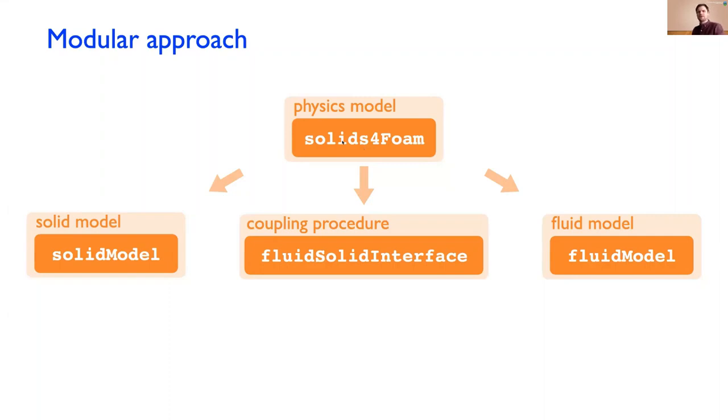Depending on your runtime settings in your case, you can decide whether you want to call icoFoam or icoFluid or pimpleFoam or simpleFoam or rhoCentralFoam or whatever. In the same way with the solid, there are many different types of solid solvers, and you can decide which one to pick.